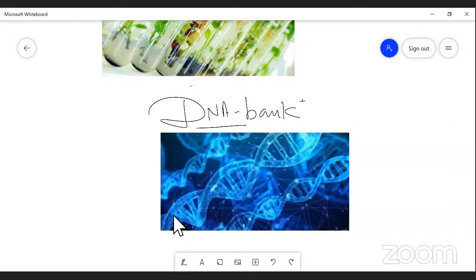DNA can be stored, like storage of gene, storage of pollen, and storage of seed, in a preserved place, right? In a preservation method. So that is called a DNA bank. A DNA bank is nothing but a collection of DNA, right?